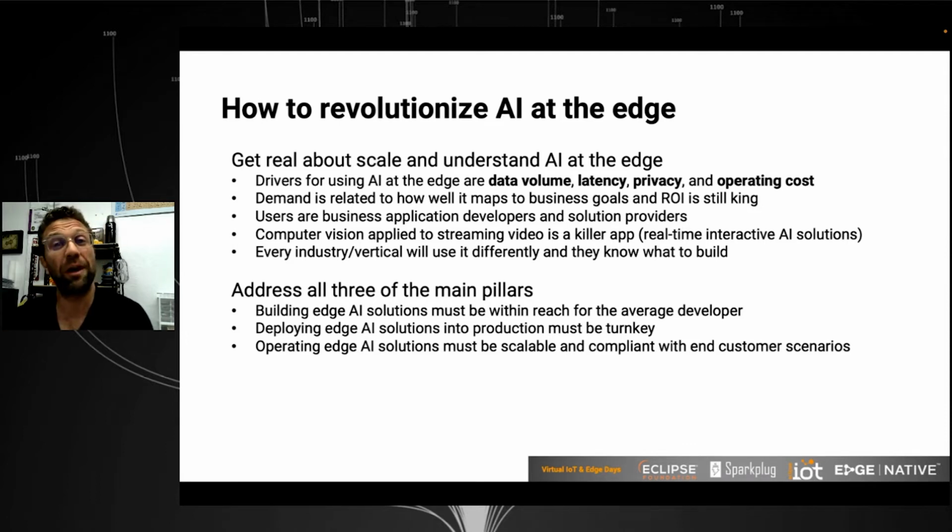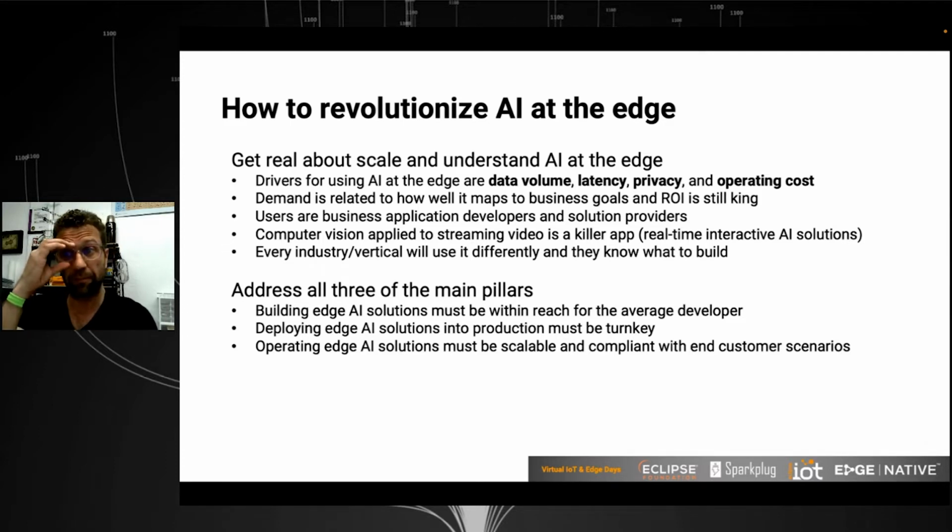Latency, no way around that. You can't stream anything to the cloud and back any faster than you can stream things to the cloud and back. So being present on an edge device, it's the way to reduce latency. Privacy, it's kind of obvious. You keep it at the edge, and there it's all yours. And operating cost.